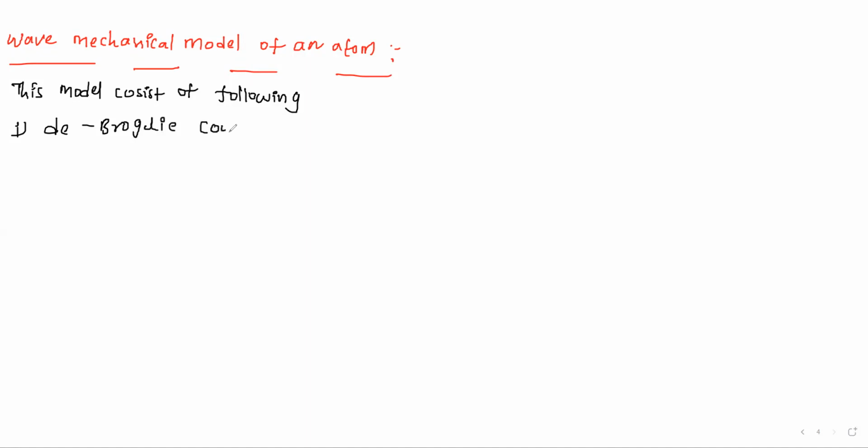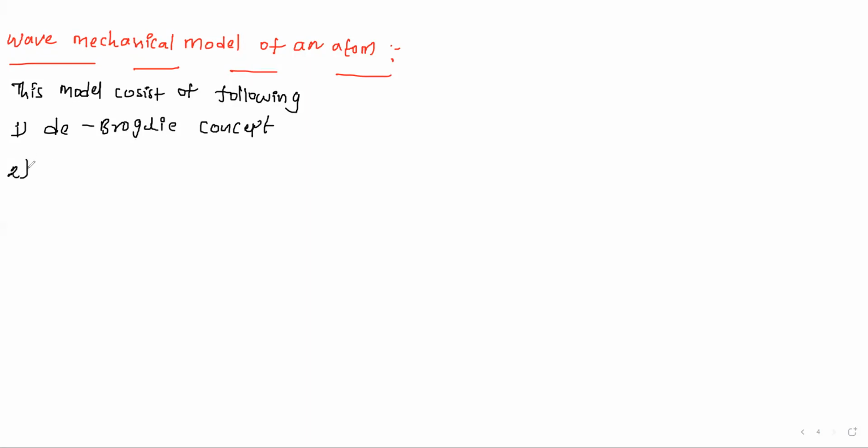This model consists of the following. The first one is the de Broglie concept.